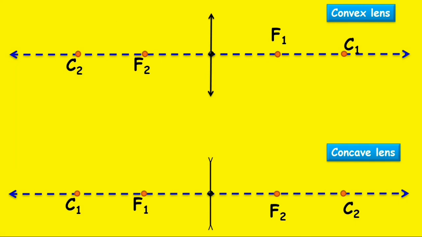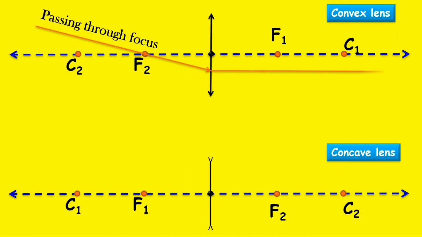Situation 4. A ray which is passing through the focus and touches the lens then passes parallel to the principal axis.